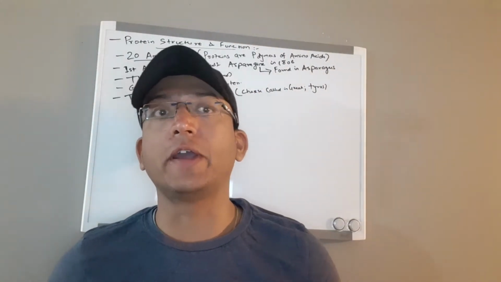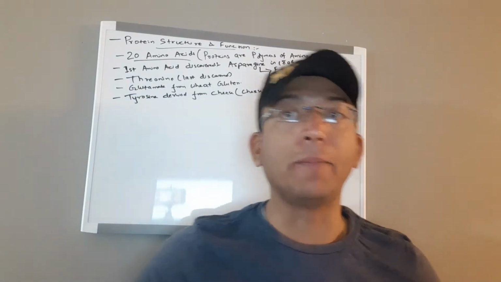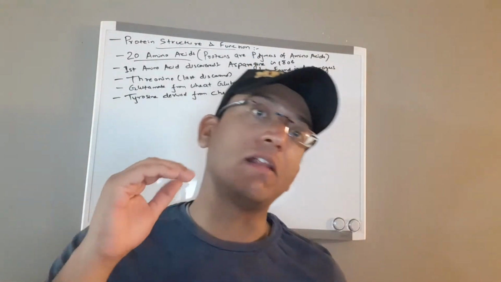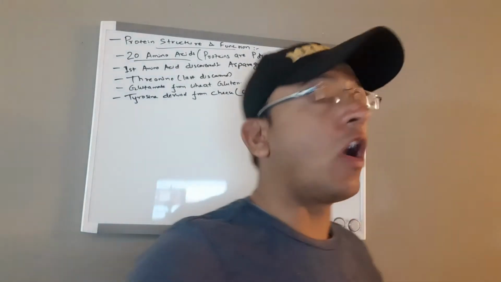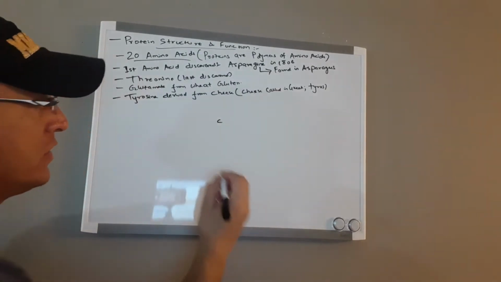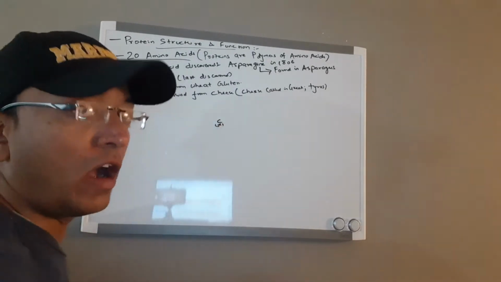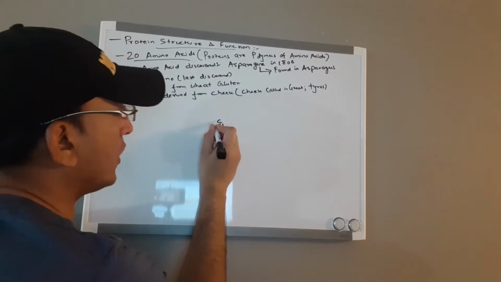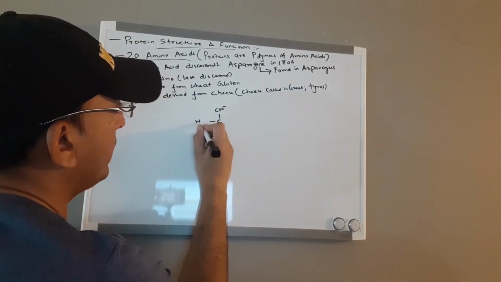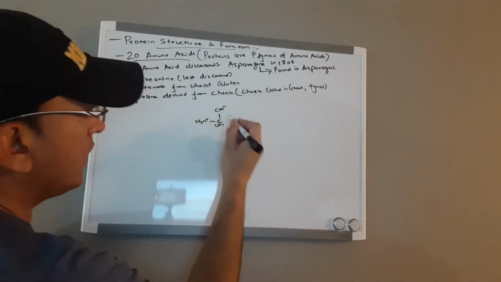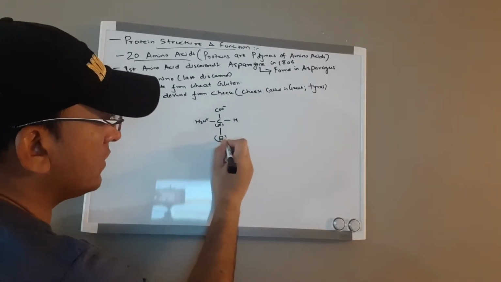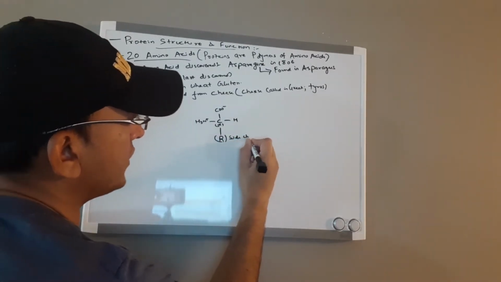All the 20 common amino acids are alpha amino acids. Why are these called alpha amino acids? Because they have an alpha carbon. The common structure of an amino acid has a carbon in the middle, the alpha carbon, which joins with a carboxylic group, an amino group, and a hydrogen, and R is the side chain.